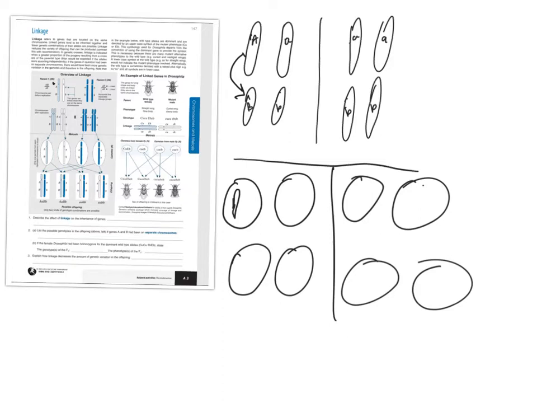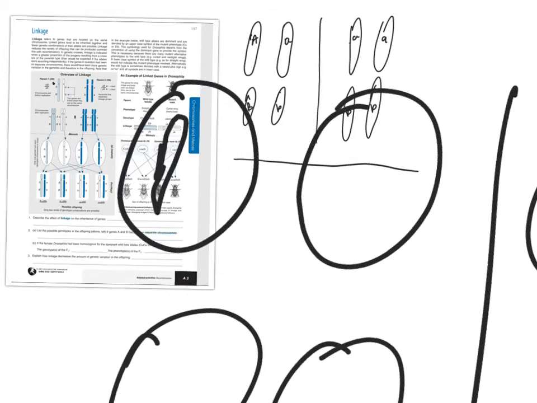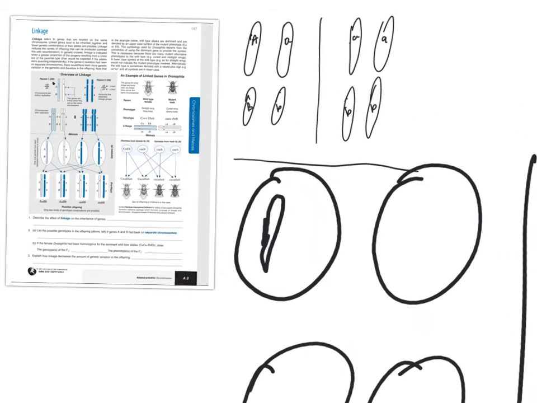And I'd have, you know what, let me zoom in. I'd have one copy here with a big A, and another chromosome entirely with a big B. Or I could get a big A moving in with a chromosome that has a little b, right?